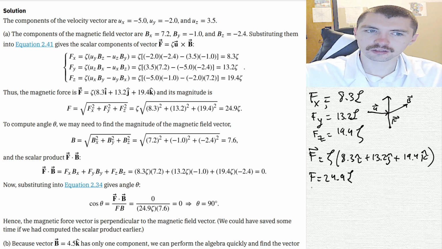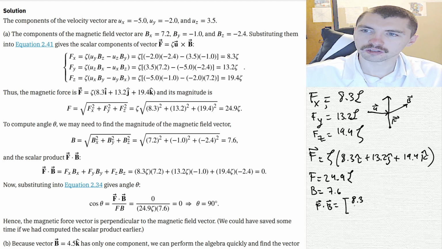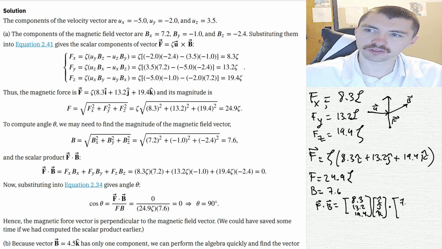To do this, we find the magnitude of B. And then F times B, so that's the same as saying 8.3, 13.2, 19.4, IJK dot the components of B, 7.2, -1, -2.4.